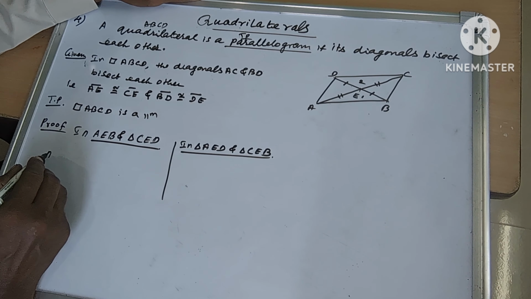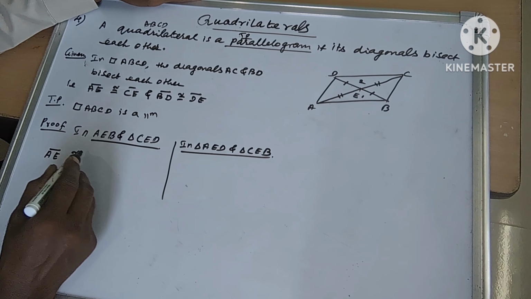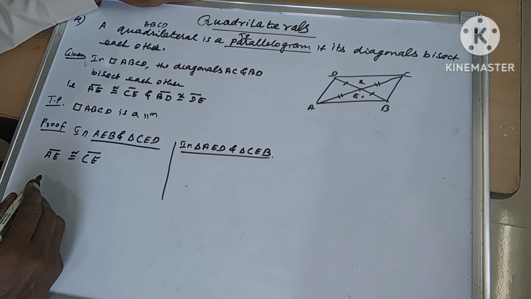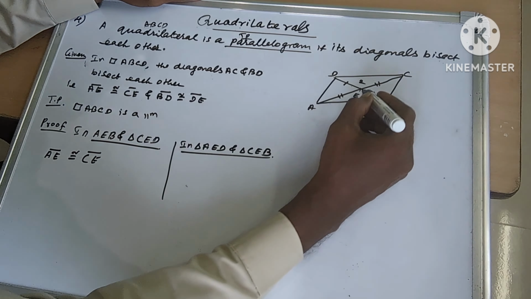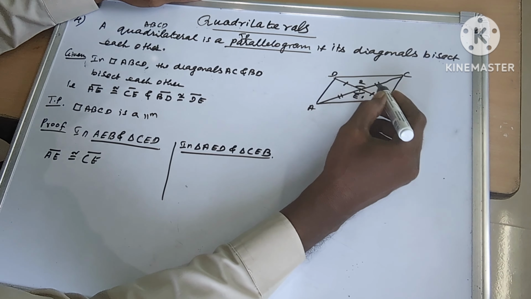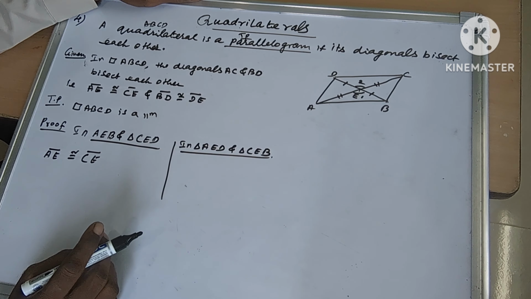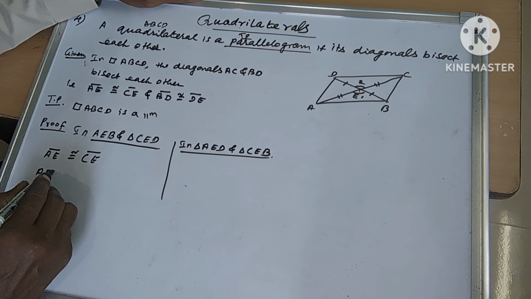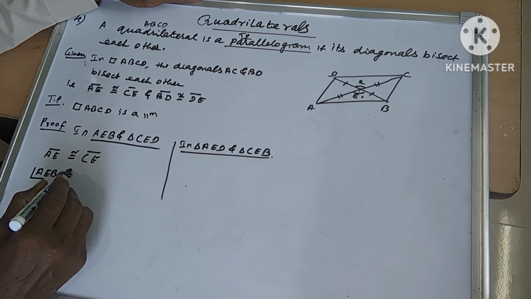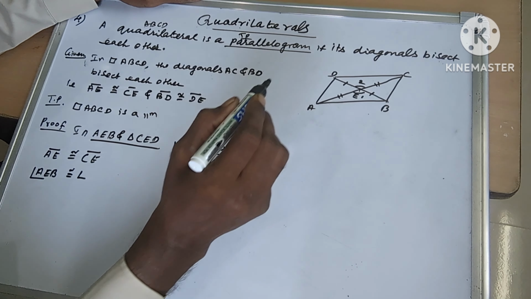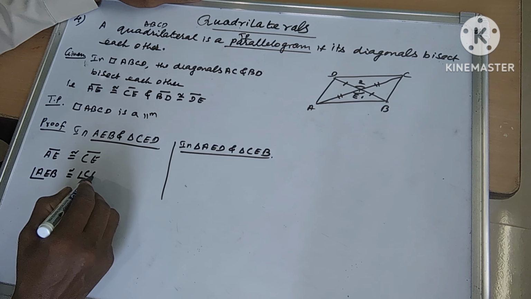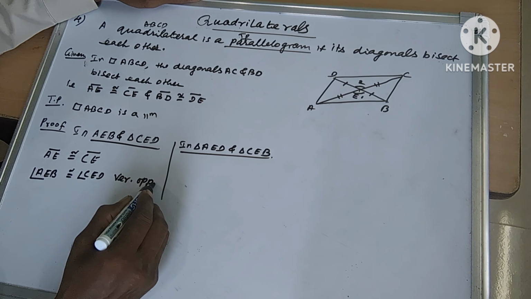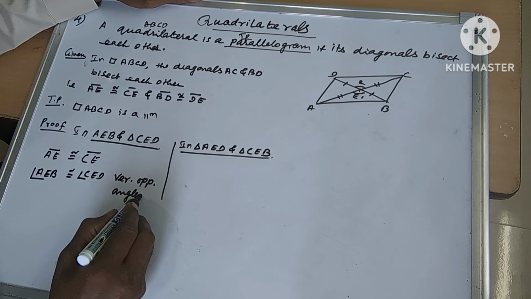Segment AE is congruent to segment CE, and angle AEB is congruent to angle CED, vertically opposite angles.